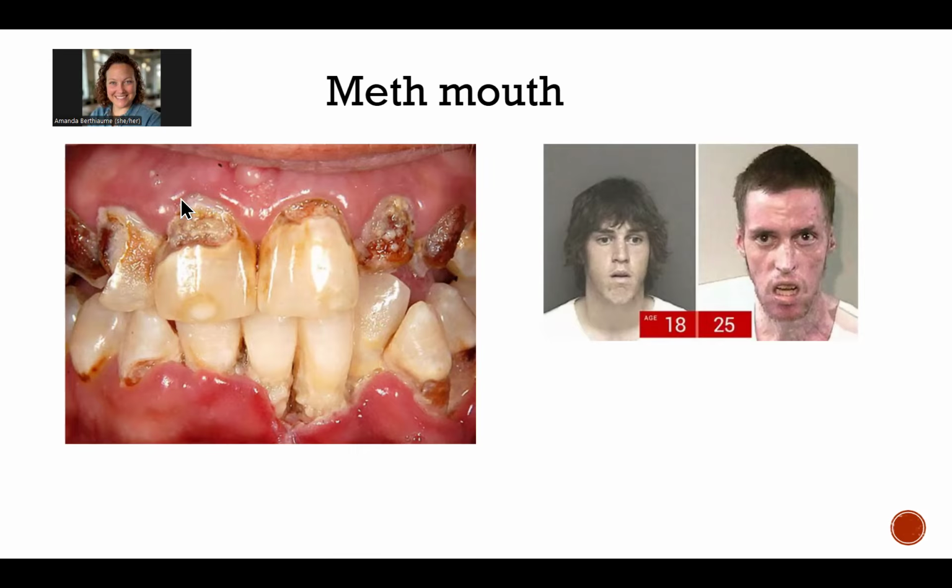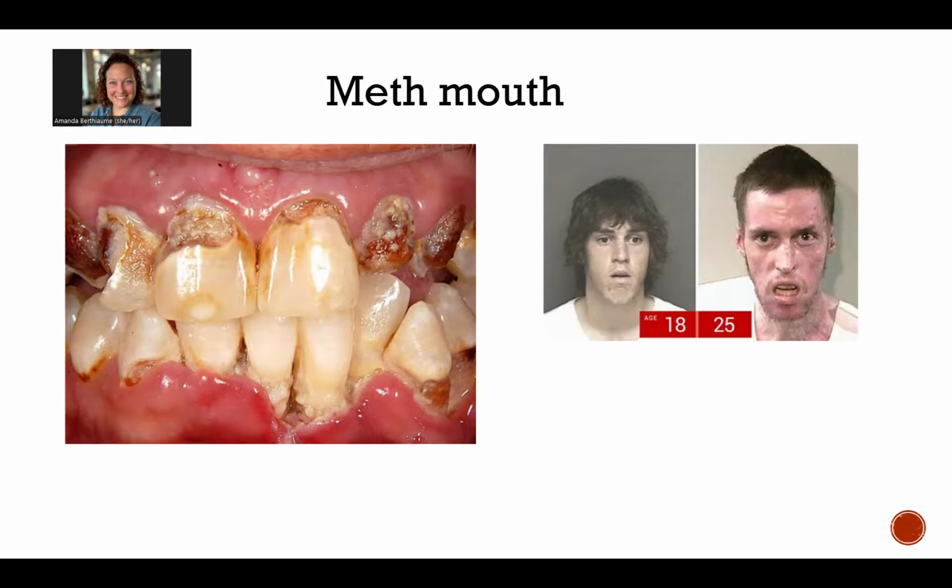You can tell by the class 5 decay all the way across. Not only is the methamphetamine acidic, if they're smoking it, it's highly acidic against their teeth, but these folks crave sweets and sugar, usually gummies or anything sugary, high sugar drinks. And that is contributing to this decay and erosion.